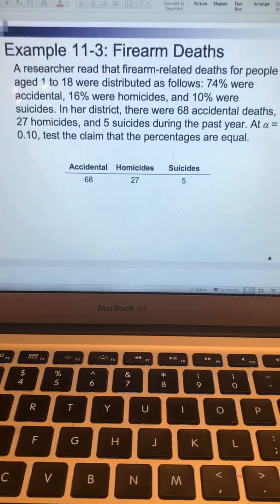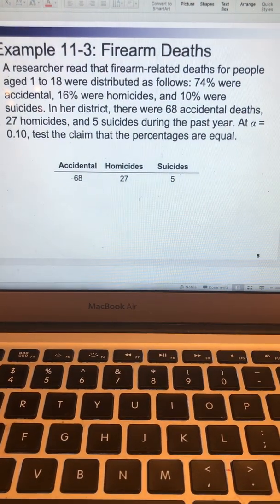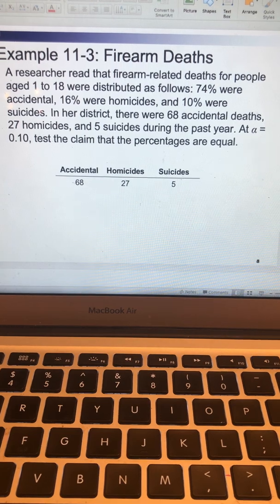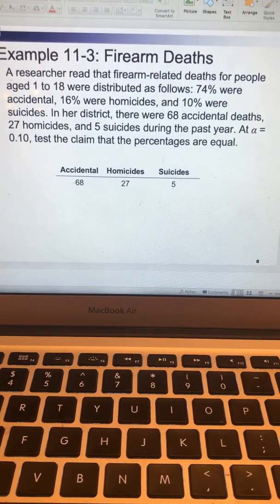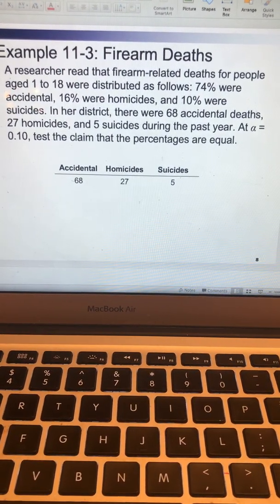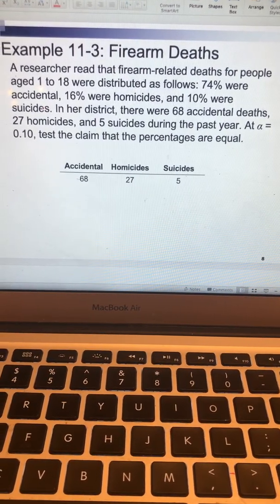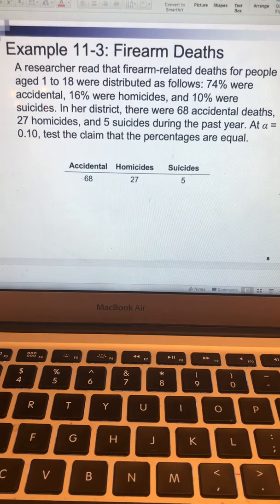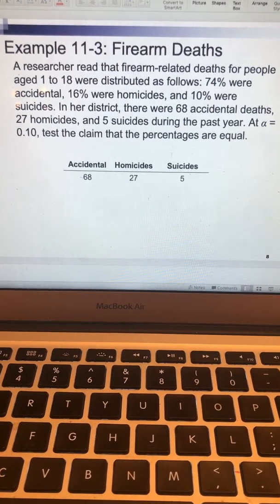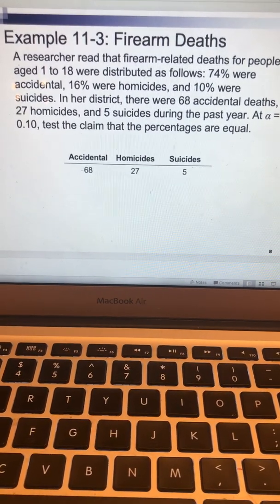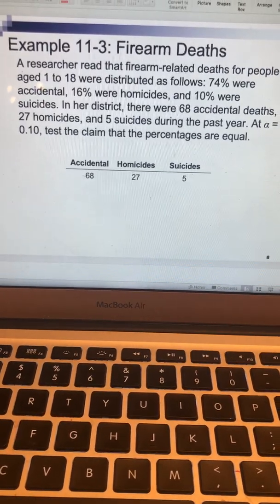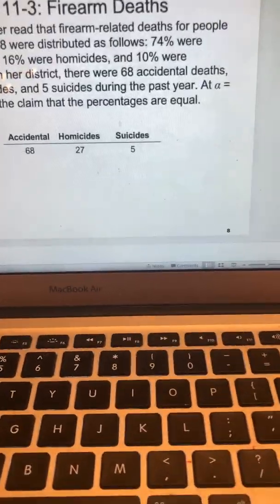A researcher read that firearm deaths among people aged 1 to 18 were distributed as follows. She wants to know if in her district there is enough data to test the claim that the percentages are going to be the same. So again, there's no expectation here that these groups are going to divide out equally.